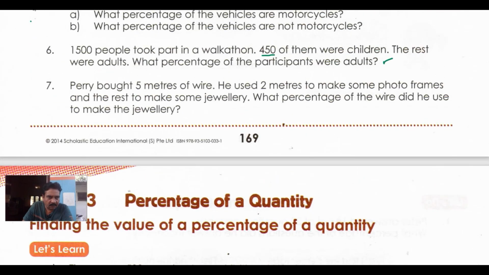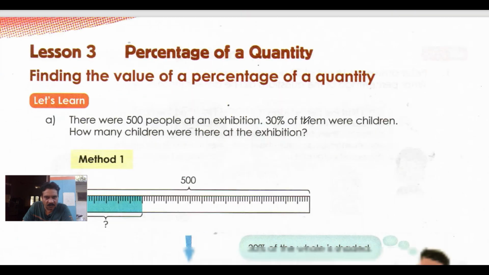Perry bought 5 meters of wire. He used 2 meters to make some photo frames and the rest to make some jewelry. What percentage of wire did he use to make jewelry? So I'll read the question again. Perry bought 5 meters of wire. He used 2 meters, right?